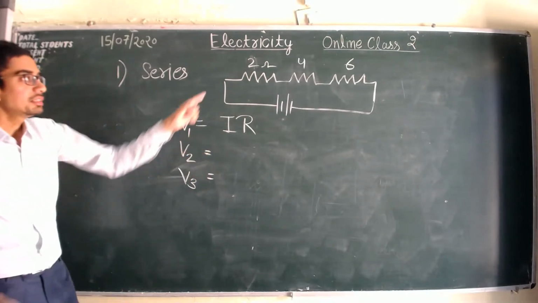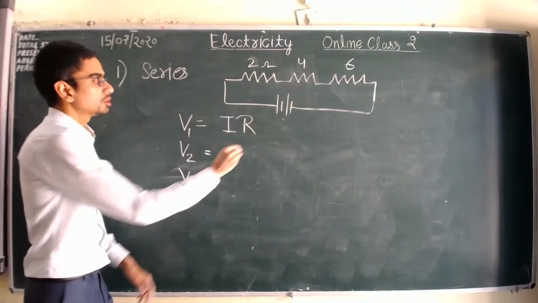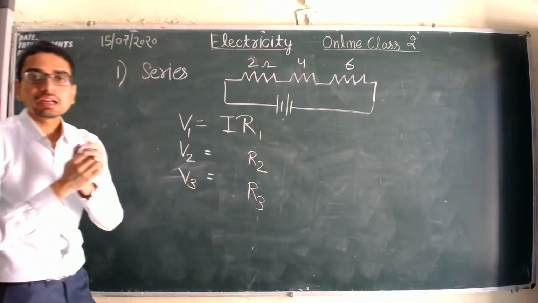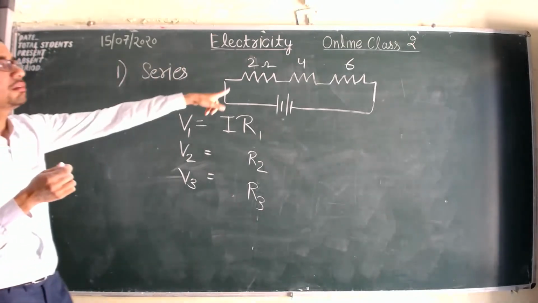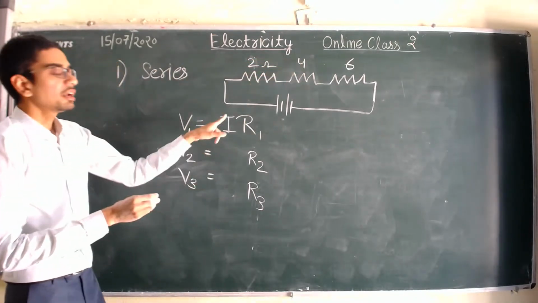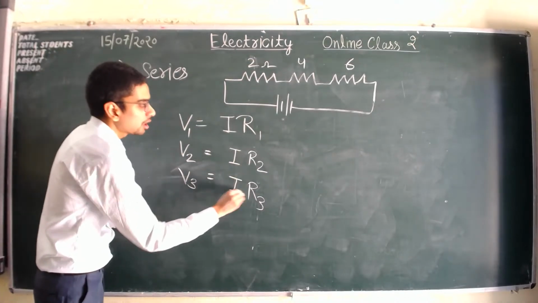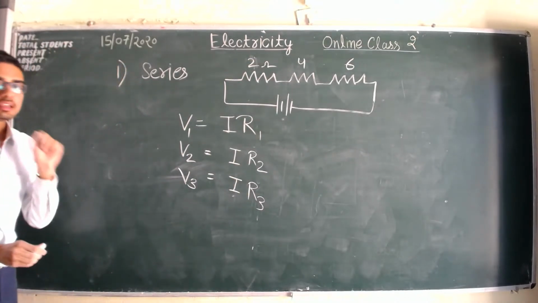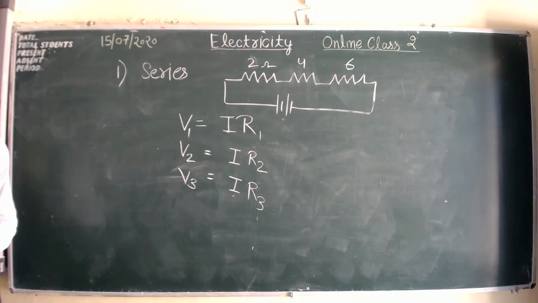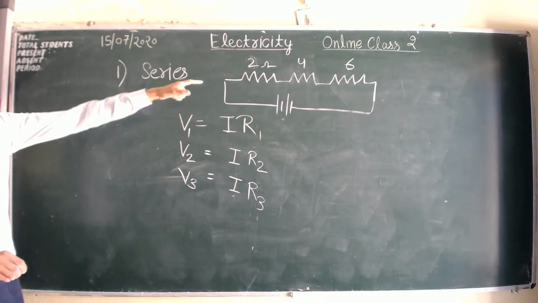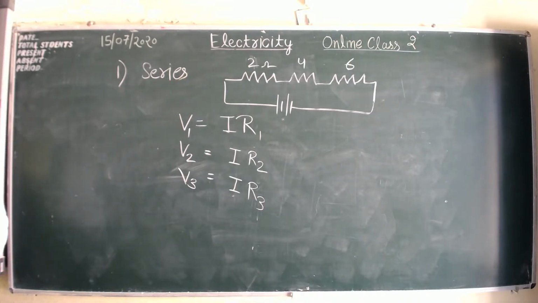Okay. रेजिस्टर्स की वैल्यू तो अलग है, so R1, R2, R3. But you know that the current is same in series. So current I1, I2, I3 नहीं होगा, वो सिर्फ I रहेगा, IR1, IR2, IR3. Okay. So that's how you can write different formula for Ohm's law.